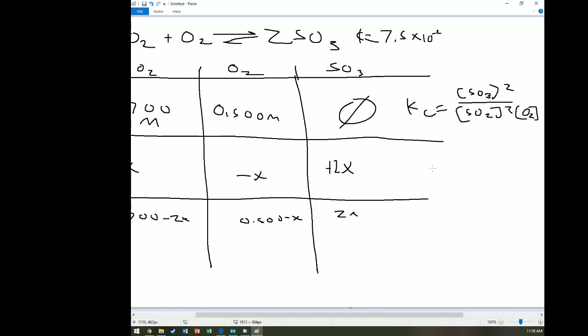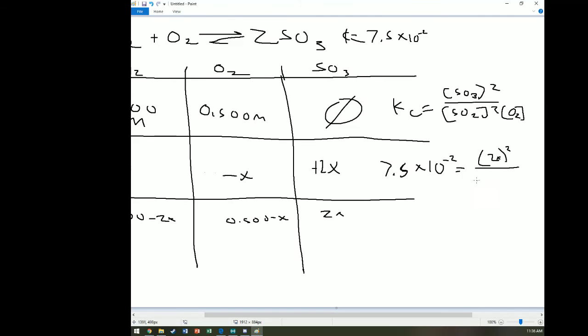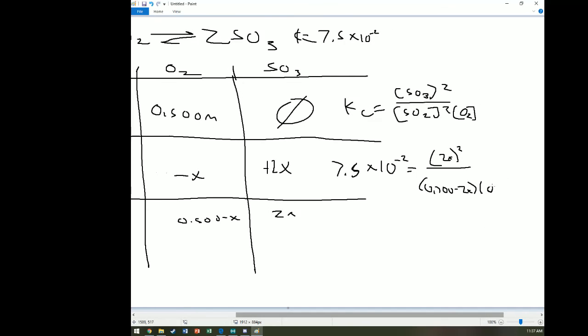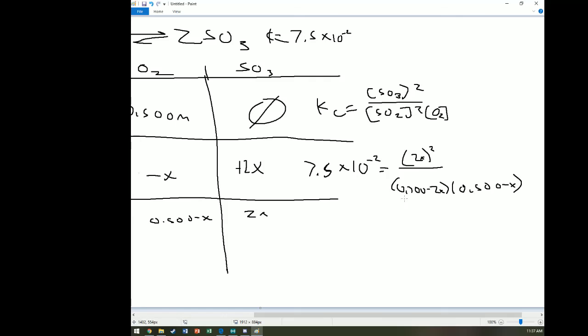And then plugging our numbers in, we get 7.5 times 10 to the minus 2 equals 2x squared over 0.700 subtract 2x squared, and then 0.500 subtract x. And then all you need to do is plug this into a calculator.